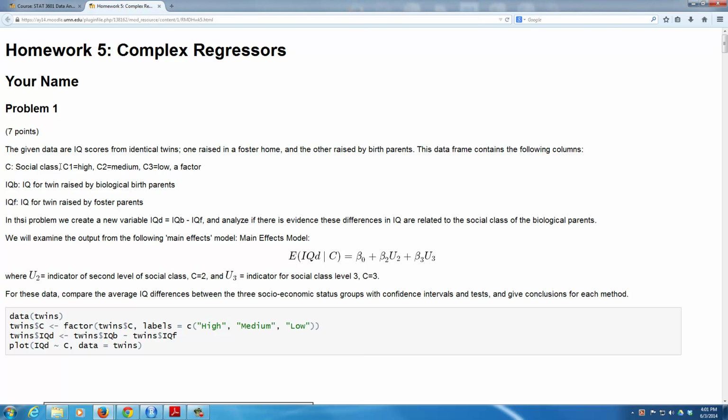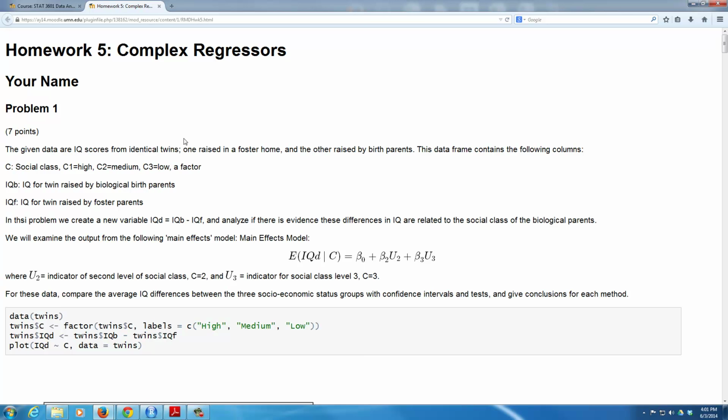Level 1 is high social status, level 2 is medium middle class social status, and level 3 is lower social status. The data set comes from IQ scores from identical twins.